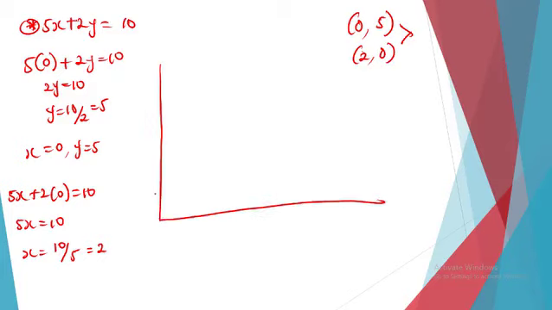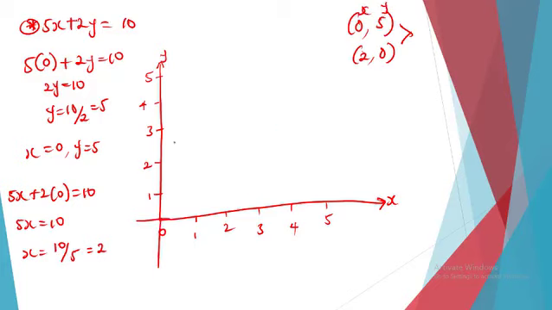We draw our line. 1, 2, 3, 4, and 5. This is our y. 1, 2, 3, 4, 5, and this is our x. Okay, and this is 0. So this is our x and this is our y. When x is 0, y is 5.